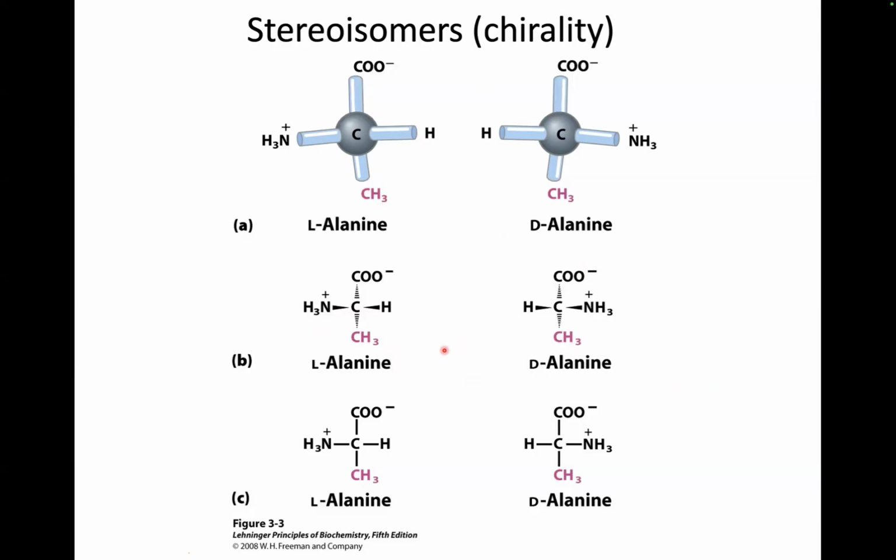And on this planet, in this universe, life has chosen the L configuration, right? So for our amino acids, and most of our biological macromolecules, you're going to see the L configuration for those biological structures, with some rare exceptions.